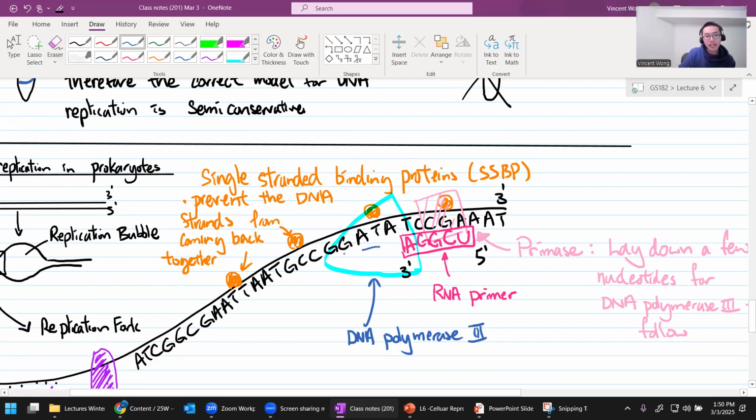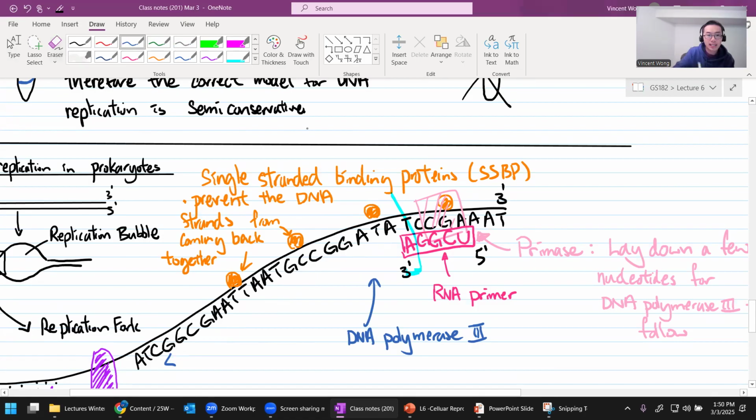It can only go in this direction, 5 prime to 3 prime on the new strand. It's not able to move backwards and build like this, A and T. It's not going to be able to go back and do those. It can only go forward.